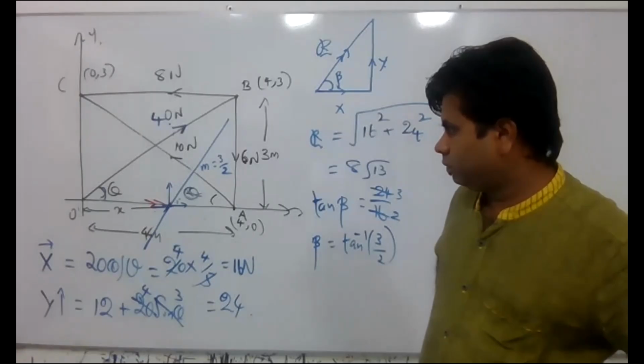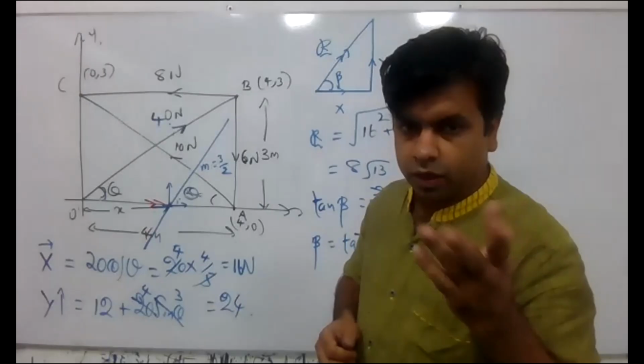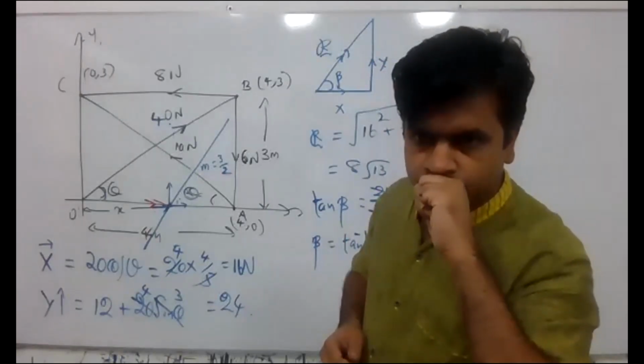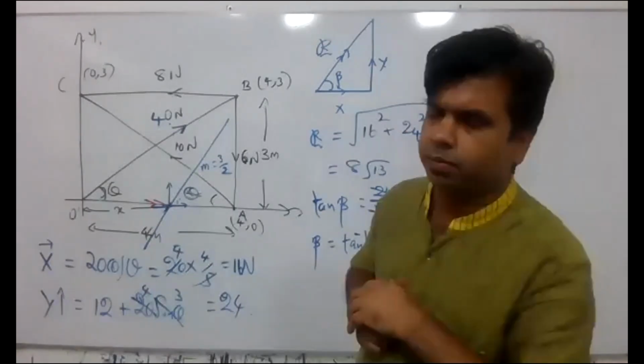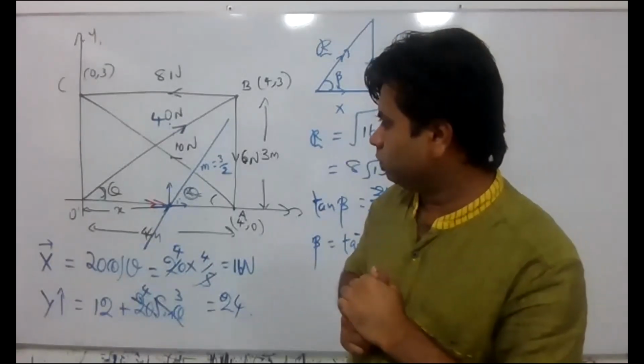Therefore the y component of the resultant is 24. 24 into x is equal to 24. So x is equal to 1. Earlier the algebraic sum of the moment by each force was 24.